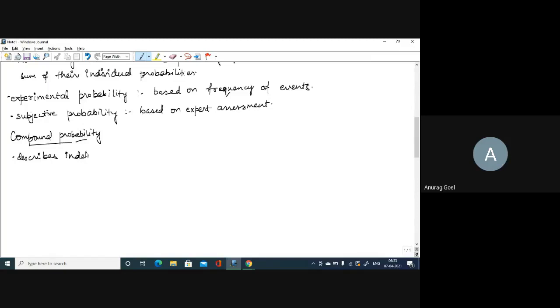Independent events means there is no causal relationship between them, so they are independent of each other and do not affect each other in any way. Now the joint probability of two independent events.